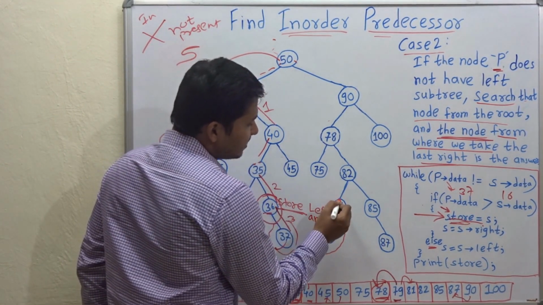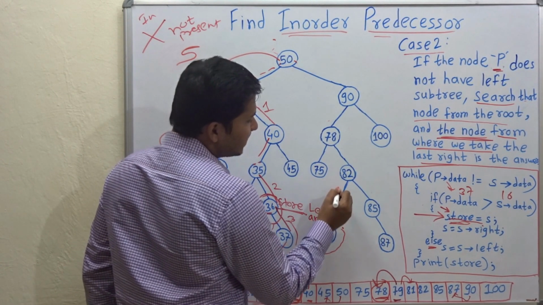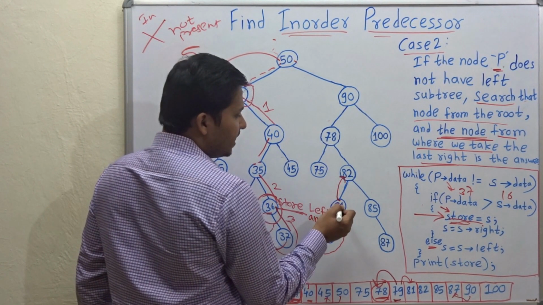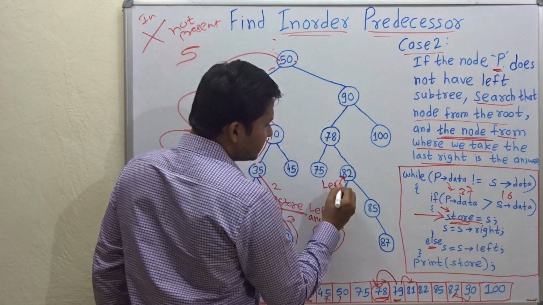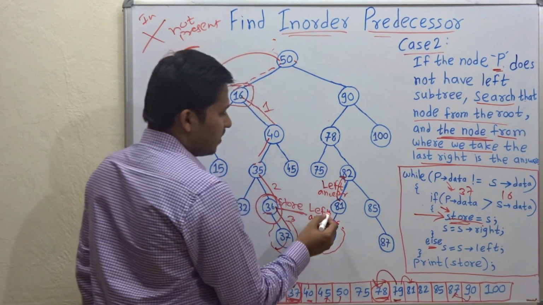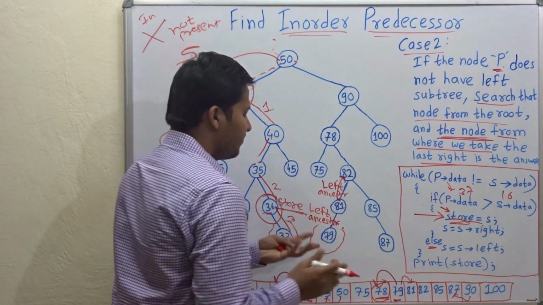So again let's go to the ancestor. But for 81 also, its ancestor is a left ancestor. That means 82 is greater than 79.